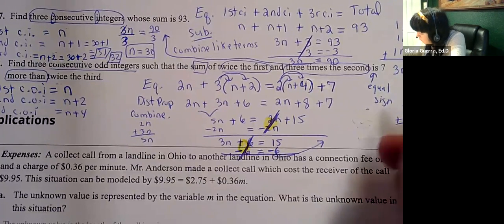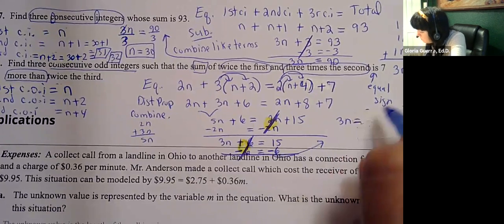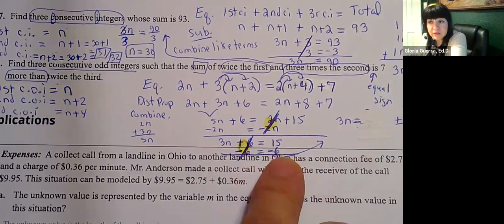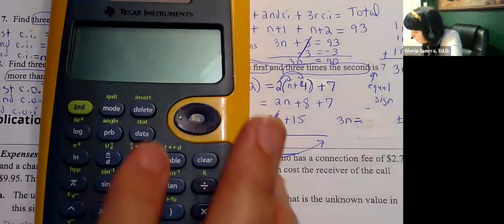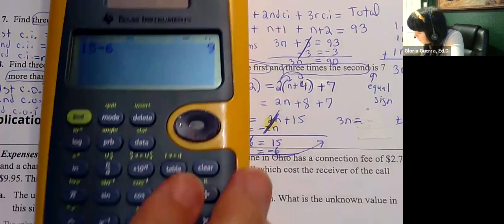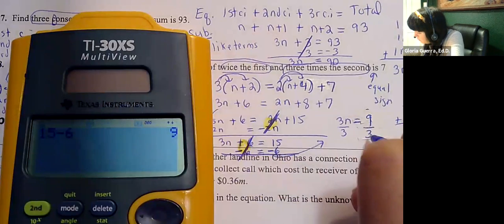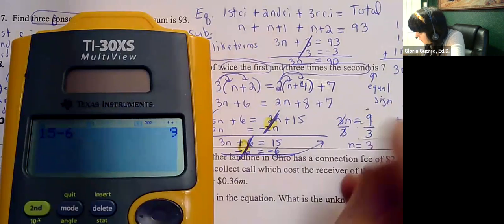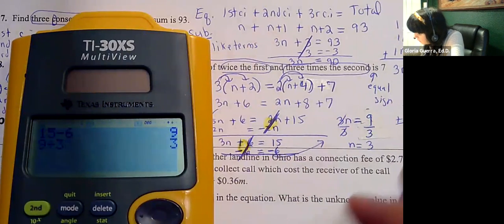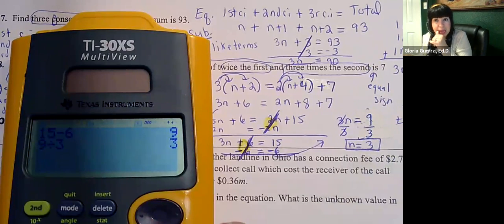So now I have 3n equals, and what's 15 minus 6? Isn't that 9, right? 15 minus 6 is 9. And then I'm going to divide by 3. And then n equals 3, right? 9 divided by 3 is 3. So n is 3.